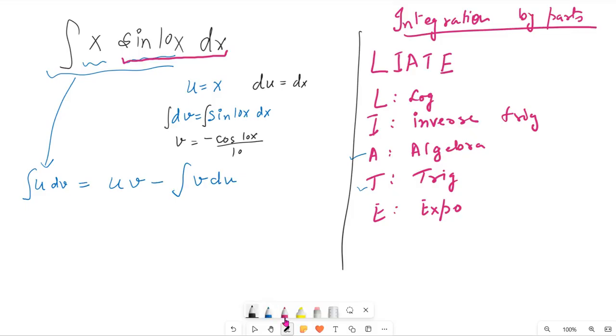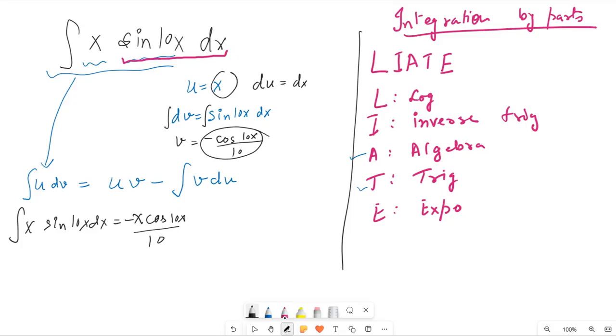So our original question, which is now in u dv format because of our assumption, is equal to u times v, which would be negative x cosine 10x by 10, minus integral v du. v is negative, so it's going to make this positive: cosine 10x. 1 by 10 I'm going to write outside because it's constant. du is just dx.